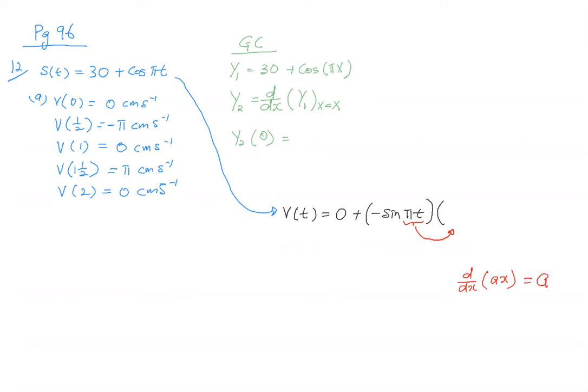Yeah, so please remember. So my V(t) function will be negative pi sin pi t.